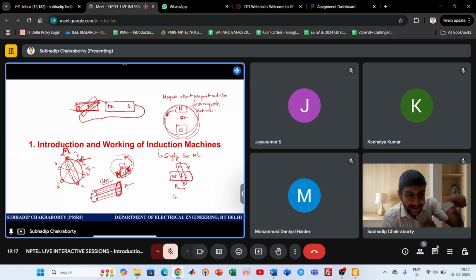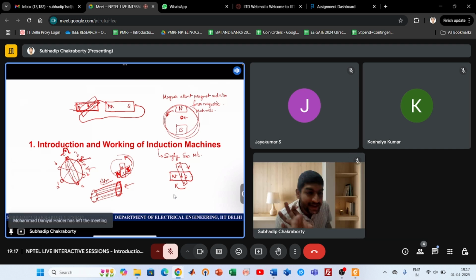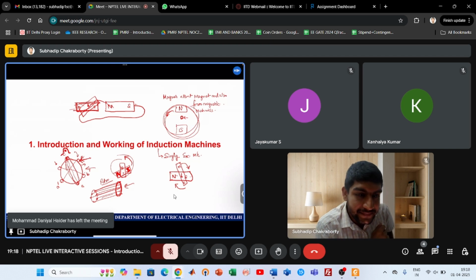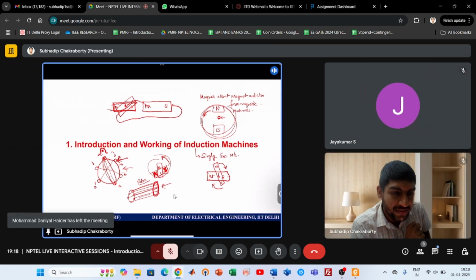Because the magnet is rotating, right? It cannot just produce a magnet in space which is not rotating. If it does so, then it cannot oppose the main rotating magnetic field. So in order to oppose that main rotating magnetic field, for which the rotor got the induced EMF and currents, the rotor has to also rotate. And the virtually induced magnetic fields try to oppose the main flux.